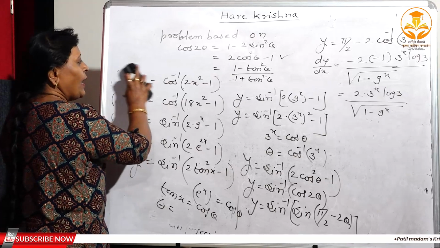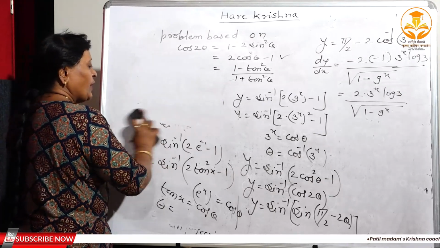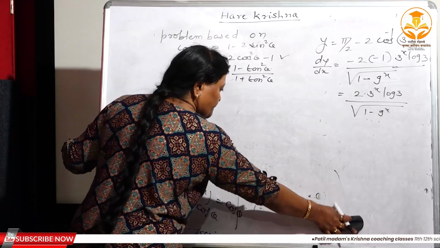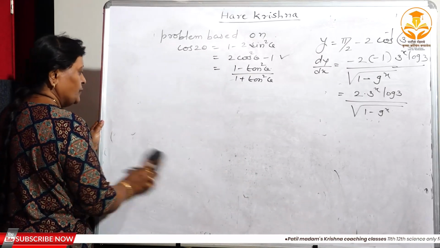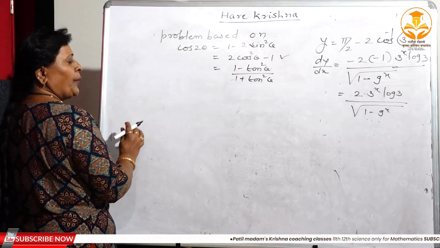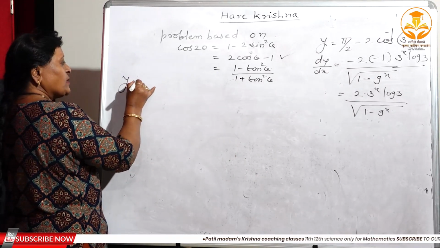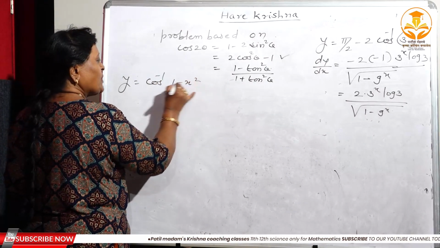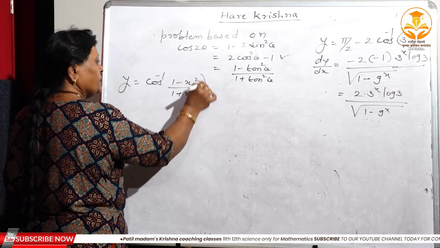Now I will take the last one here, say, that is 1 minus tan square theta divided by 1 plus tan square theta. See, the problem depending upon the third formula, that is again cos inverse of 1 minus x square upon 1 plus x square.